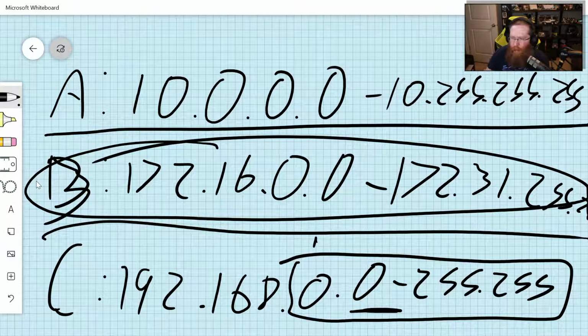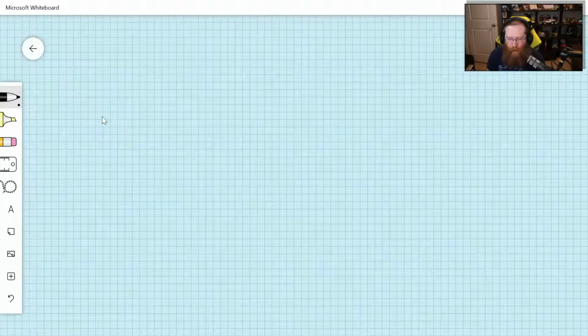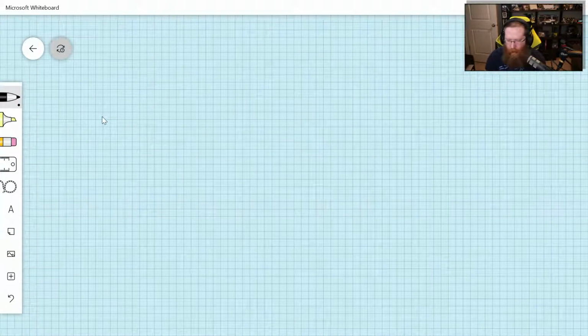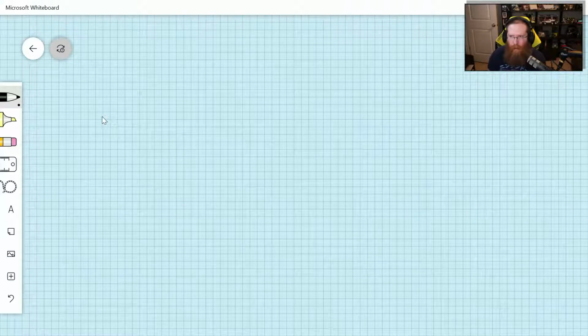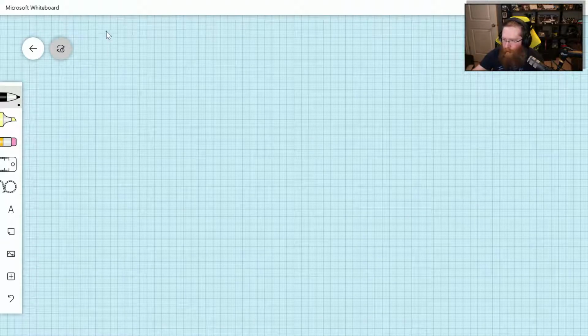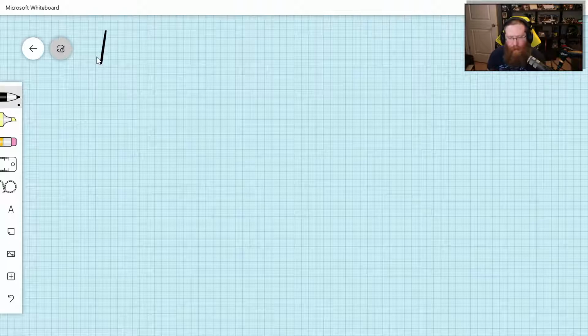All right, so now that we've seen what the classes are, let's do some breaking up of some stuff. So I'm going to give us a network, and then we're going to talk about subnetting outwards. I like to work with the 10s because anything that we apply here in the 10s can work in any other network.